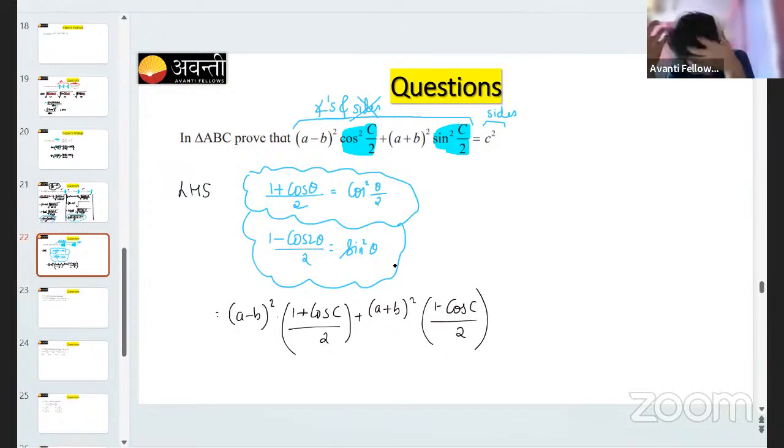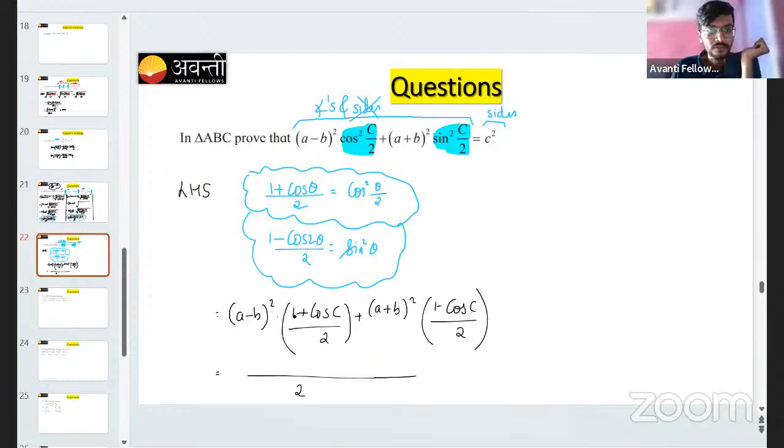Now, the thing I was saying, that the manipulation here is very good. Let me show you. The denominator LCM will come. Now don't open the bracket a minus b the whole square. Or should we open the bracket? Okay.